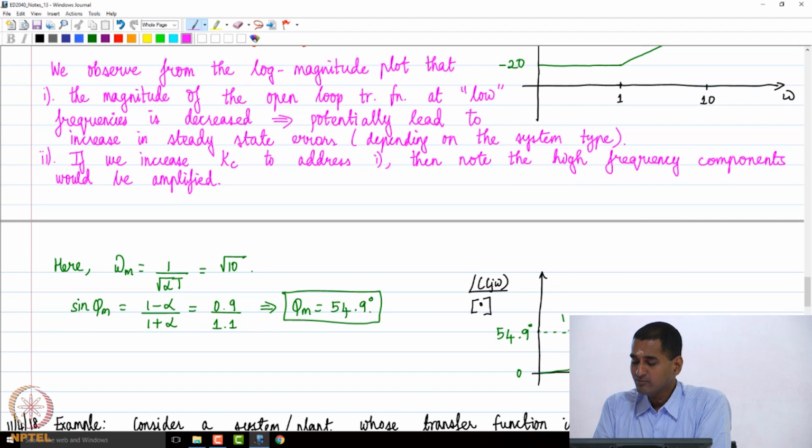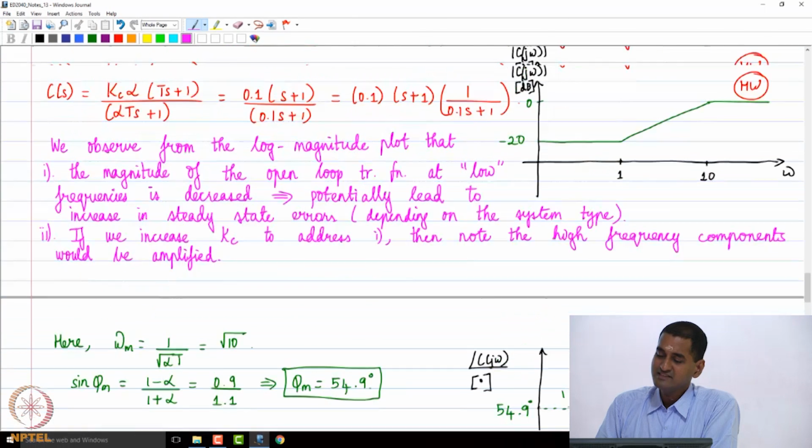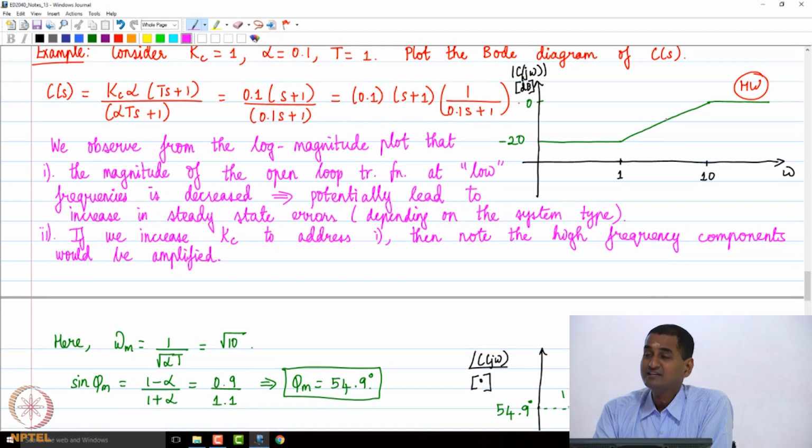Now what's going to happen at this geometric mean? You immediately see that this factor, Ts plus 1 divided by alpha Ts plus 1, would have already added some positive decibels, right? Because the magnitude of Ts plus 1 divided by alpha Ts plus 1 will not be 0; it will be some small, finite positive number.